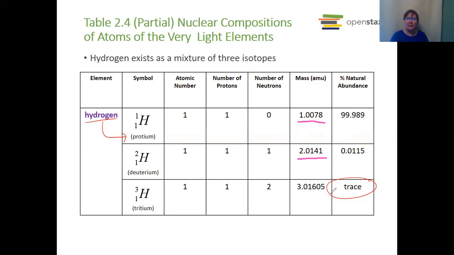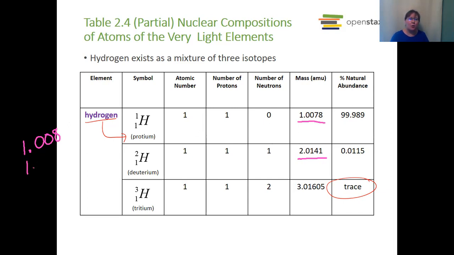There's so little tritium out there that it doesn't fit into our weighted average. So the mass on the periodic table is 1.008. Okay, and that's what's on your periodic table, 1.008.